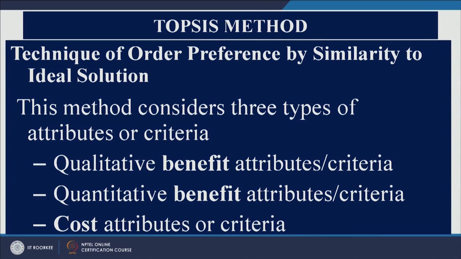This method considers 3 types of attributes. So, you will have some qualitative benefits, you will have some quantitative benefit attributes or criteria, and you have got cost attributes or criteria. Let us see what these criteria are.